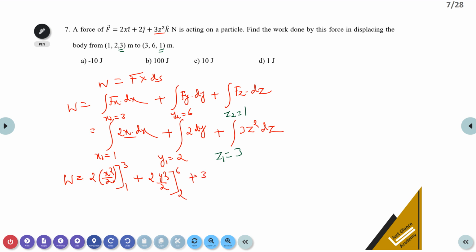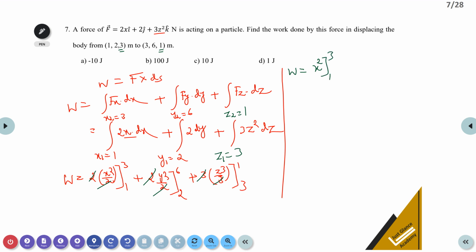Plus 3 into z cube by 3, lower limit 3, upper limit 1. Now this 2 gets cancelled, this 2 gets cancelled, this 3 gets cancelled.